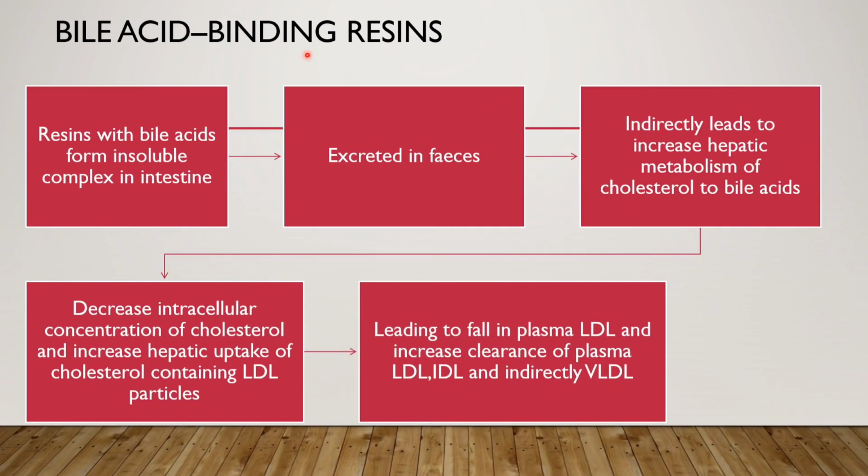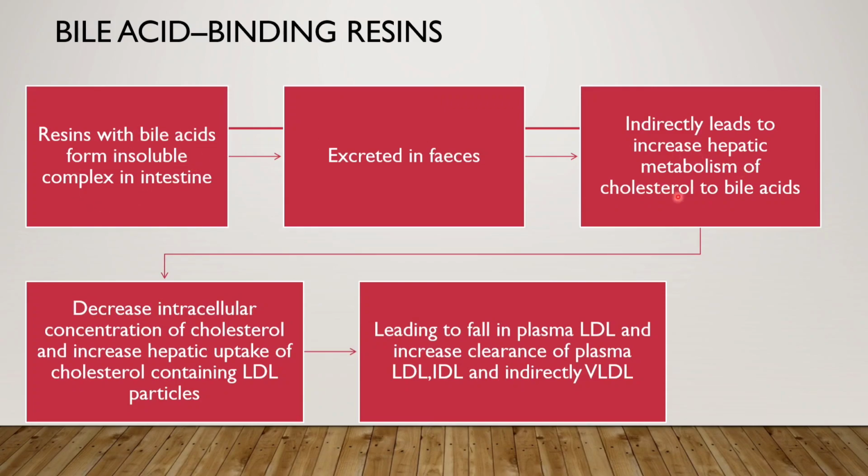Bile acid binding resins. Bile acid binding resins form an insoluble complex with bile acids in the intestine. It is excreted in feces, which indirectly leads to increased hepatic conversion of cholesterol to bile acid. So why is there conversion of cholesterol to bile acid? Due to more utilization of bile acid to form this insoluble complex.